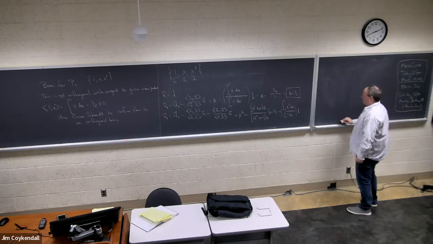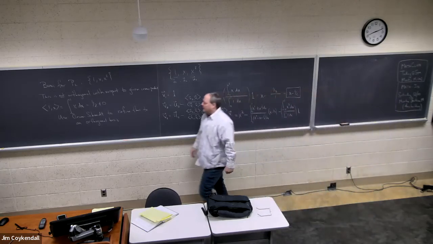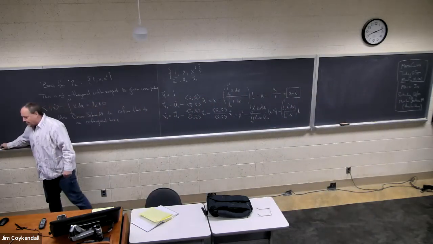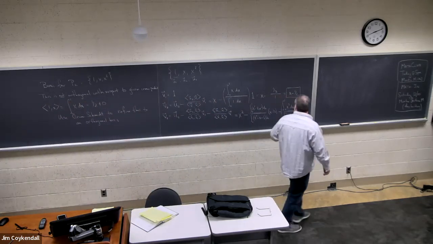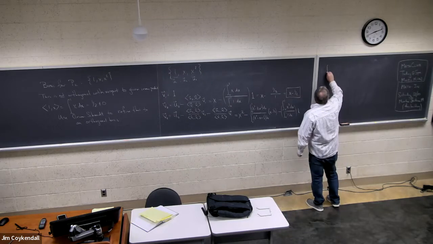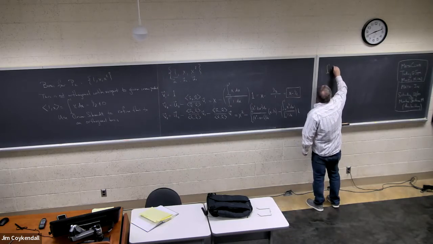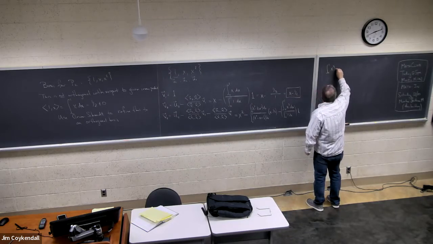Now, just so I don't get too out of control of those calculations, let me just take a brief little break here. I've got to figure out what the numbers are here, so I'm going to do this. The integral from 0 to 1 of x cubed minus 1/2 x squared.